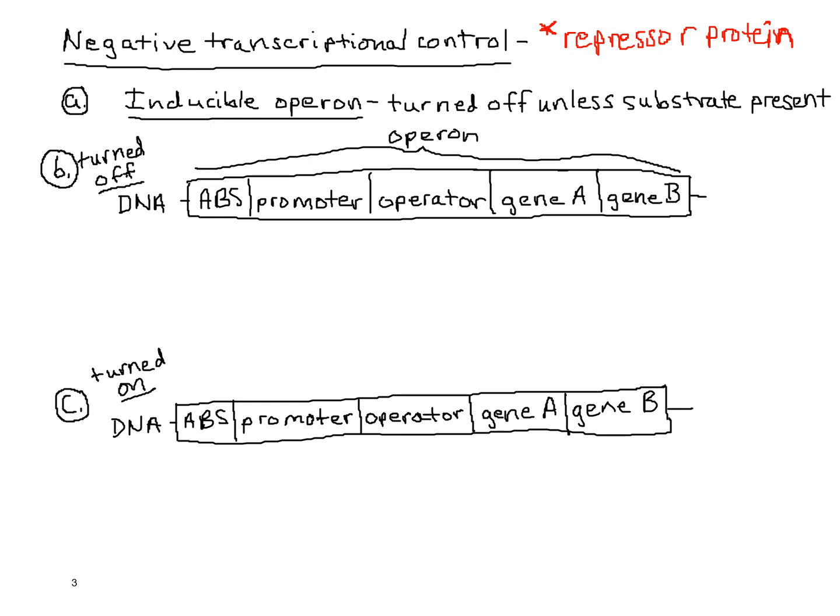All right, so the second part of the question will be, well, how would it be turned off when it's under negative transcriptional control? So let's draw it turned off for part B of the question. We've got to think about where the repressor protein would be to turn this operon off. So remember, if the repressor protein is bound to the operator, then it's going to be in the way.